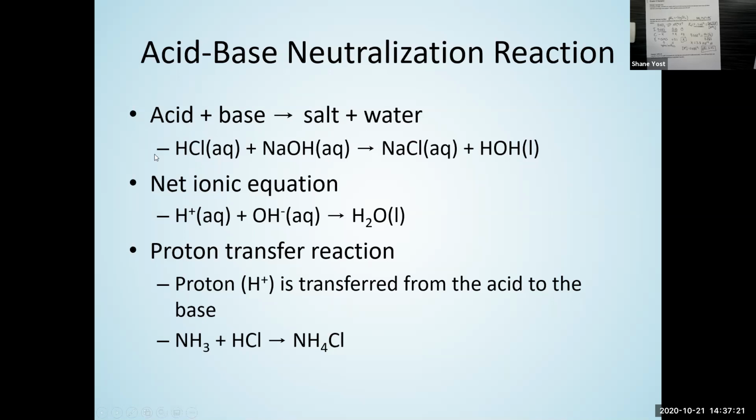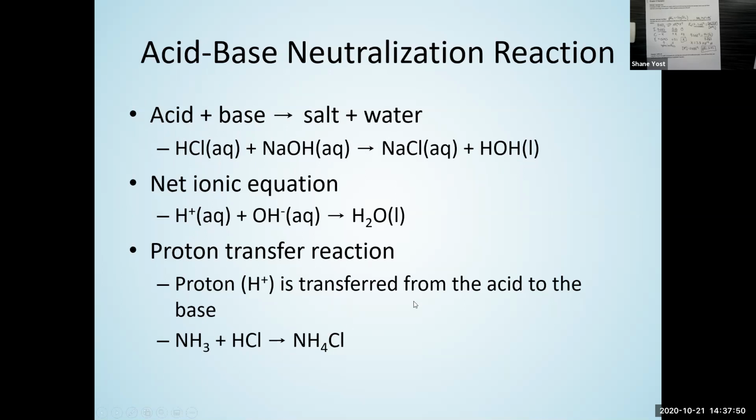In this example, I have a strong acid with a strong base forming a salt, a strong electrolyte, plus water. So the net ionic equation for this reaction ends up being H plus and OH minus going to H2O, because chloride and sodium ions are just spectator ions in this reaction. But in general, any acid-base reaction is an acid plus a base forming a salt plus water.